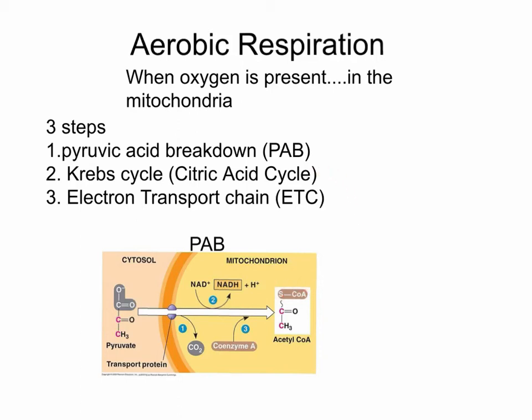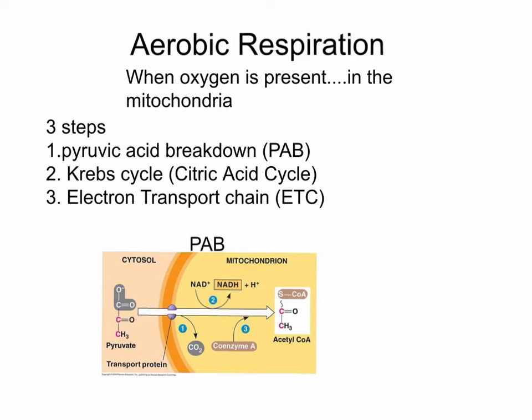So we say pyruvic acid breakdown produces, at the end, acetyl-CoA. Acetyl just means 2 carbons, and CoA is going to take it over into the Krebs cycle.